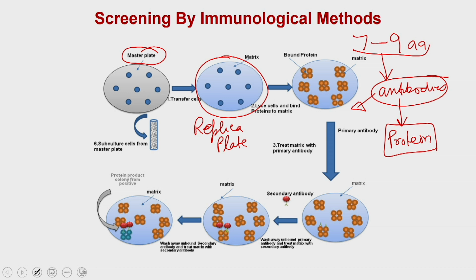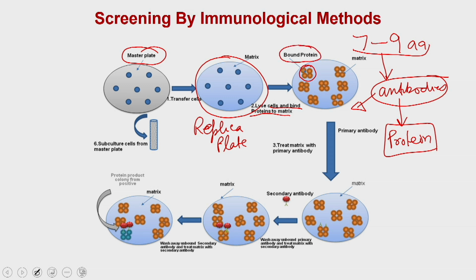Once the replica plate is ready, you will lyse the cells and allow the protein to bind to the membrane. The nitrocellulose membrane you will use has very high affinity for protein. So, you can imagine that the cells got lysed and all the proteins in that vicinity are now bound to the membrane.